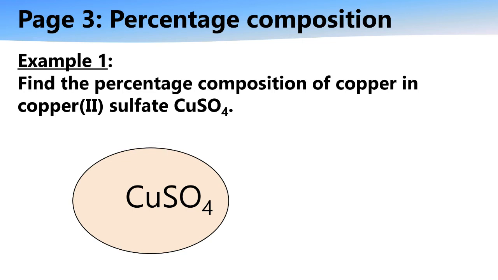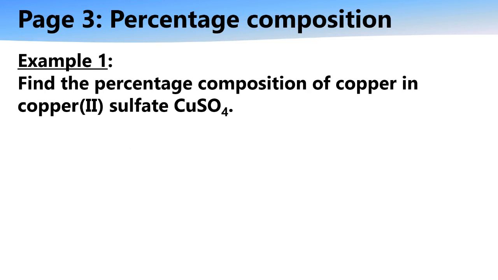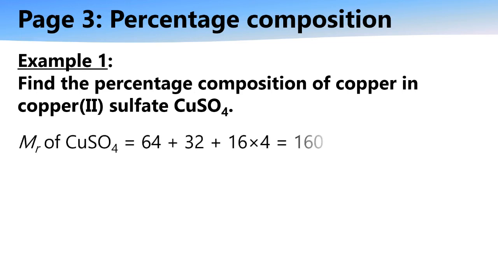What this question is asking, part of it is copper. We want to find out what is the percentage of copper in the entire copper sulfate. So we always need to find the entire thing first, which is the MR. When we calculate the MR of CuSO4, we get 160.